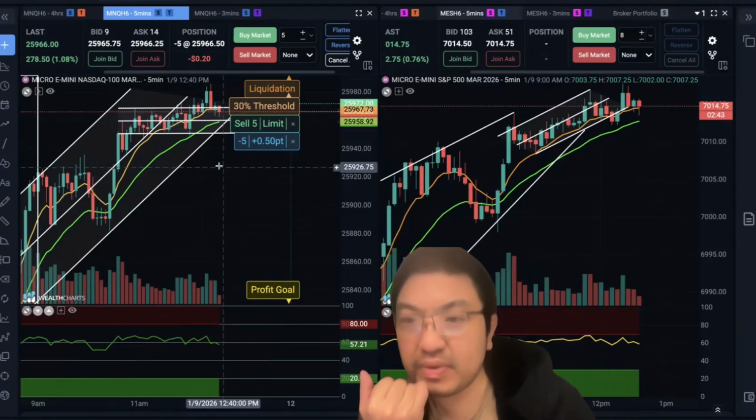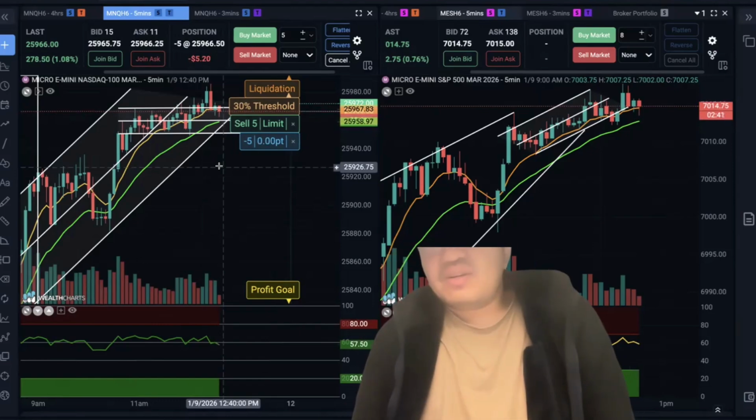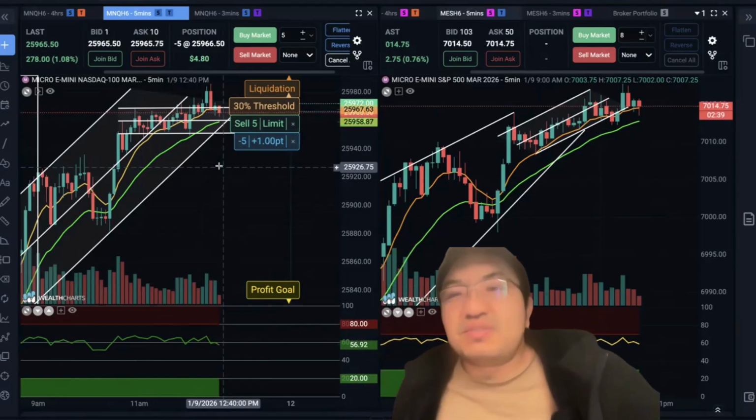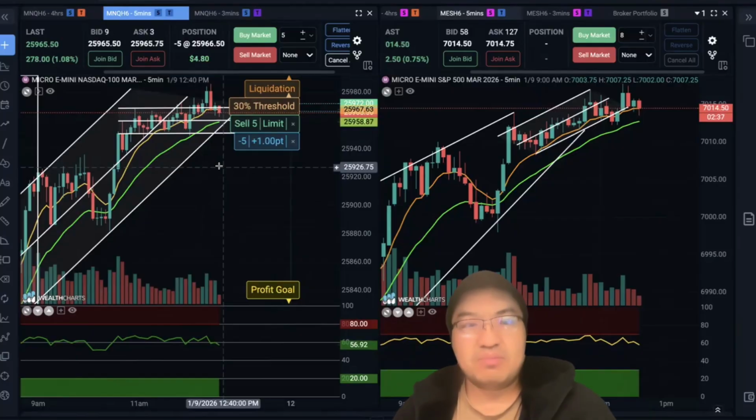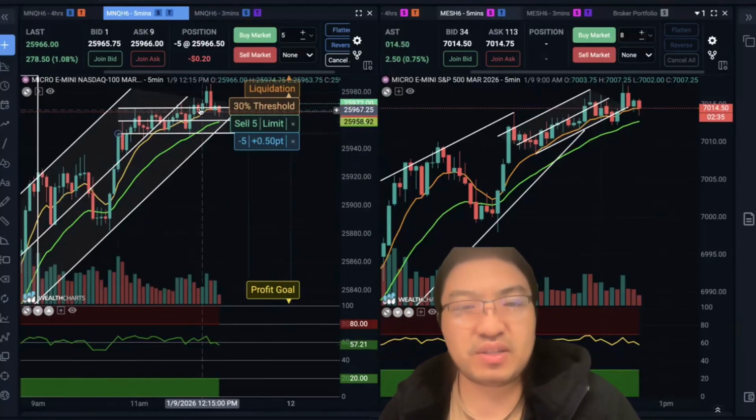Oh, it got rejected. Looks like EMA 9 is still effective. But yes, NQ is still engulfing.